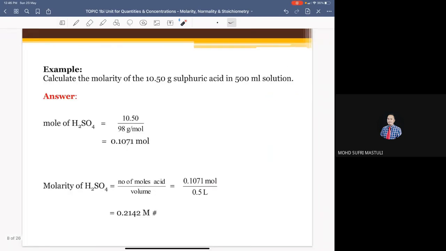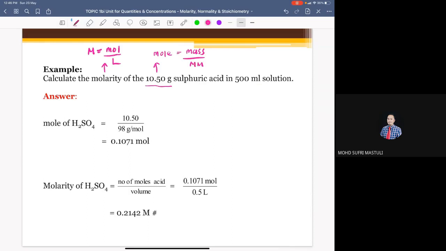All right. Now we try to calculate the molarity of this amount in grams of sulfuric acid in 500 milliliter of solution. Molarity is mole per liter. This mole is given in gram, so you have to calculate the mole. Mole is mass over molar mass.